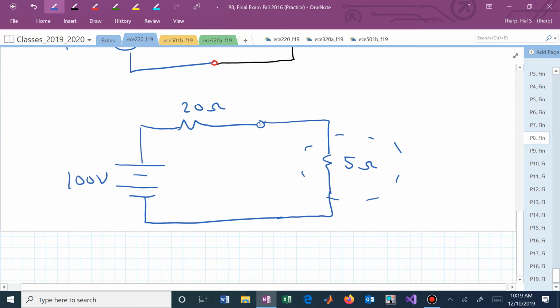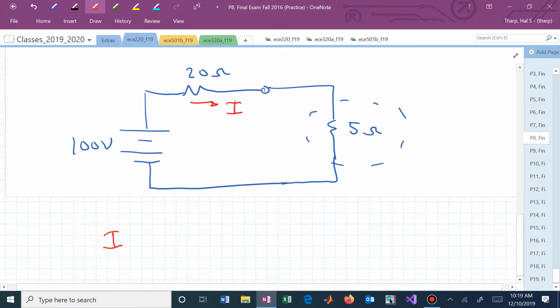But what's the power? I squared R. And you can find I. I is now, and it's not even a phasor, is it? We're in DC, we're in resistive circuits. This is now 100 over 25. So how many quarters are in a dollar?